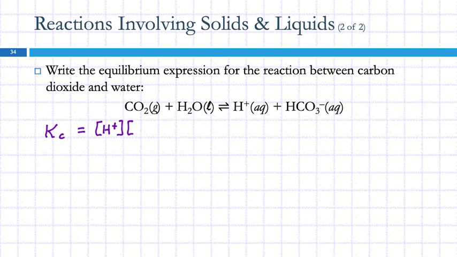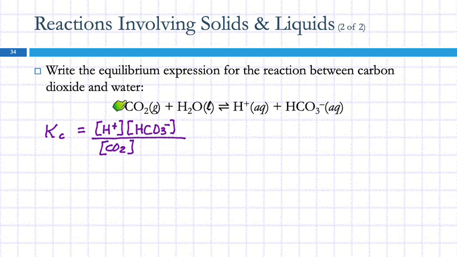And then we have the concentration of hydrogen carbonate ion. This is aqueous. It's a solution. Again, that's going to have a concentration. We're going to divide by the concentration of CO2. And all the coefficients here are 1, so all the exponents are going to be 1. Now, this is a gas.